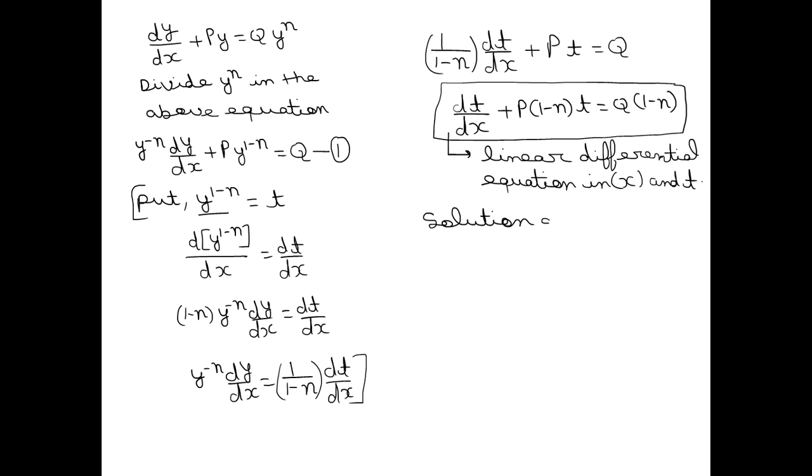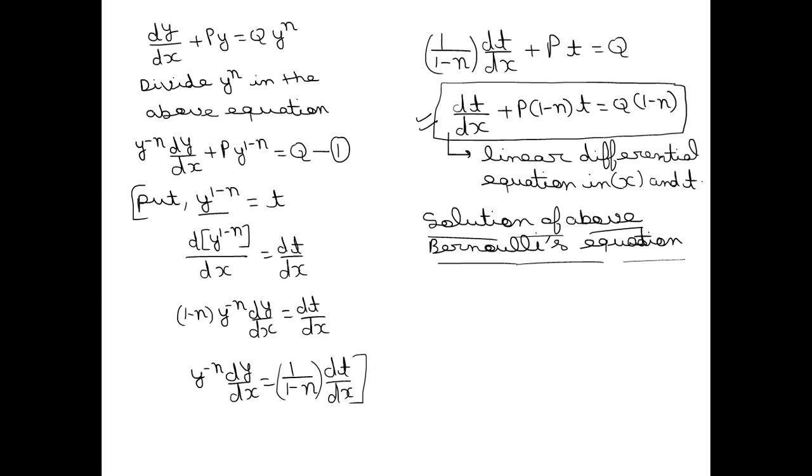The solution of the above Bernoulli equation, which is reduced to this one, is t into integrating factor equals to integration of integrating factor into q into 1 minus n dx.